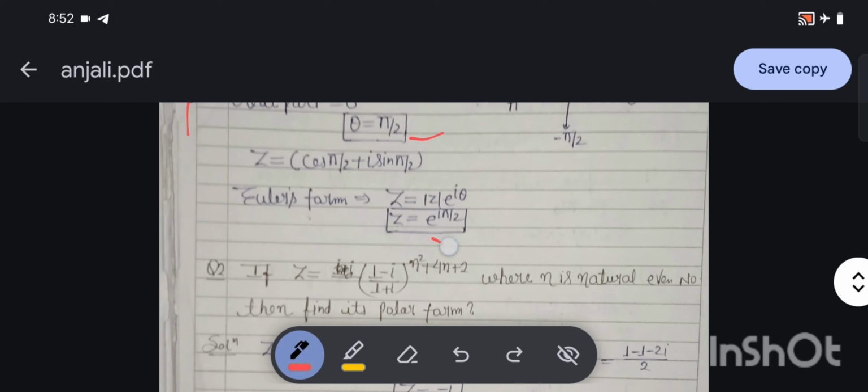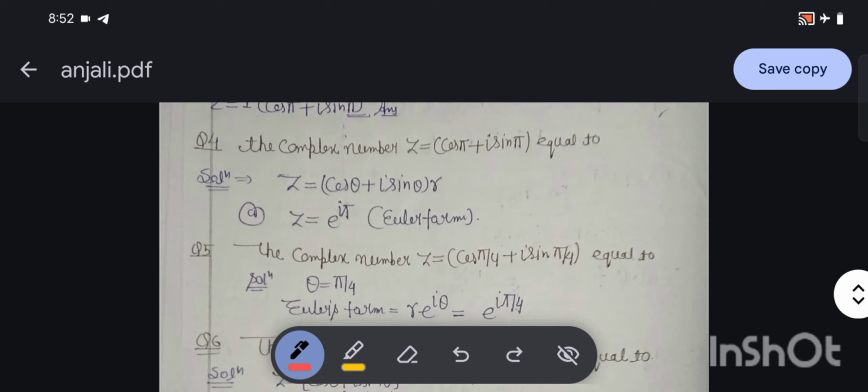It is clear? The complex number z is equal to cos pi plus iota sin pi, and we have to find the Euler's form. So z is equal to e to the power iota pi. This will be the Euler's form in this equation.